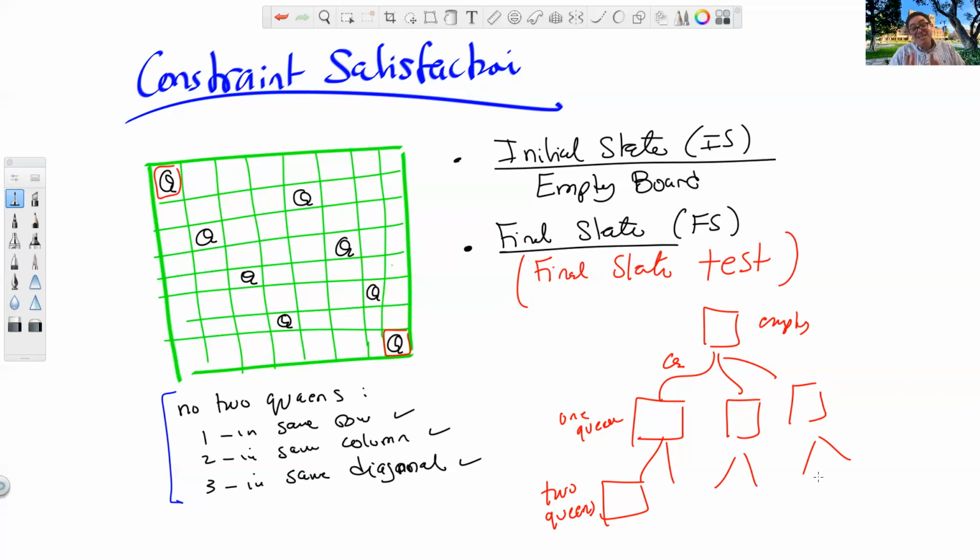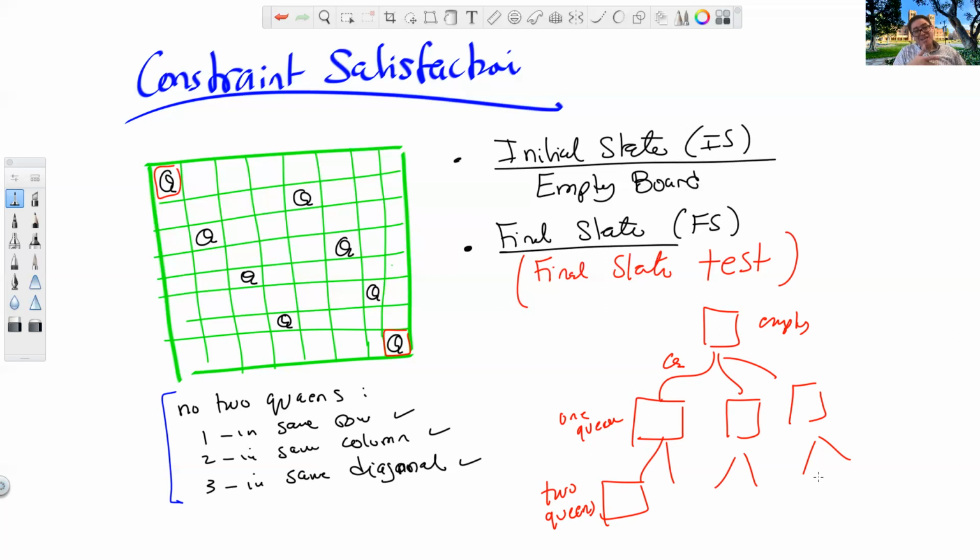Another way to say this, the search tree is finite, correct? It has a fixed depth, finite, excellent. And I'm looking for a guy at that last level that actually satisfies the constraints that I have. One more observation and we will call it a day.